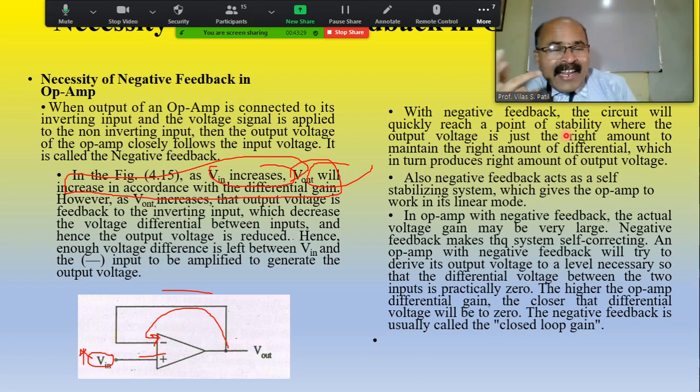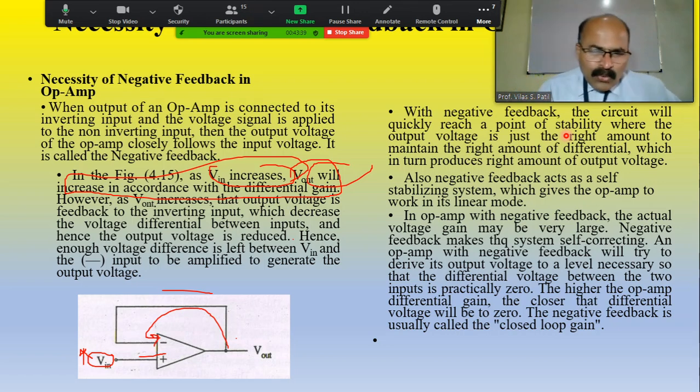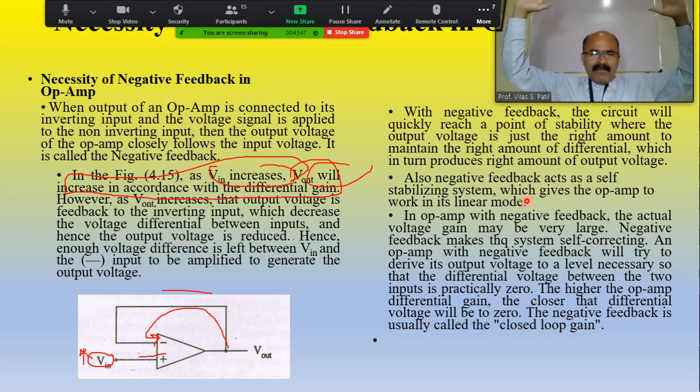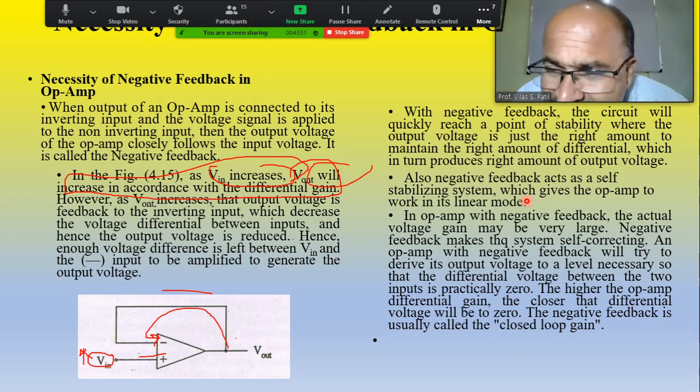This is the dual nature, and we have to accept it. Here also, negative feedback acts like a stabilizing system. Not only a stabilizing system, but also a UPS system, an uninterrupted power supply system.